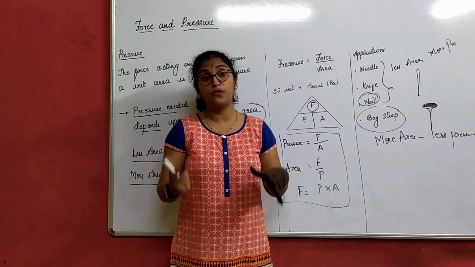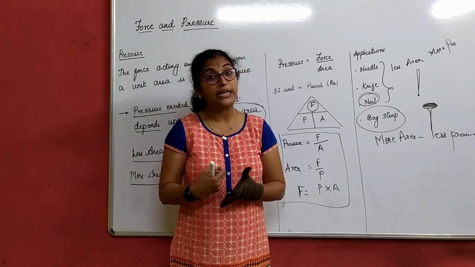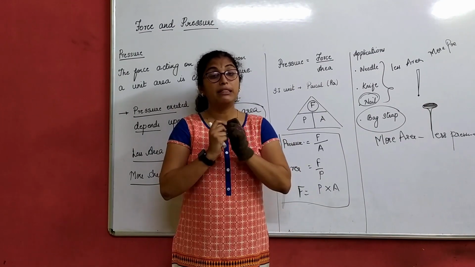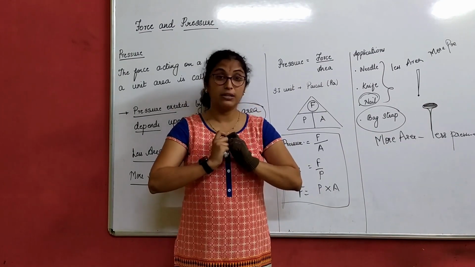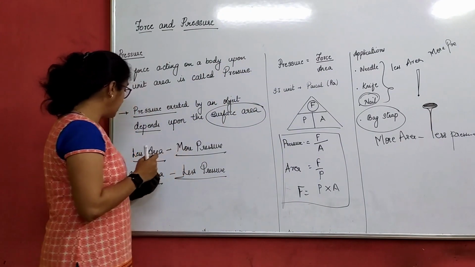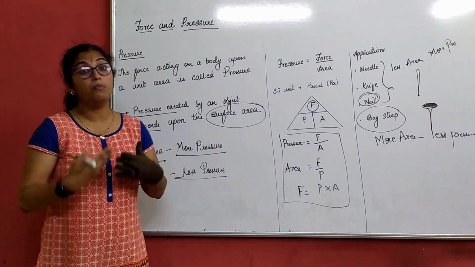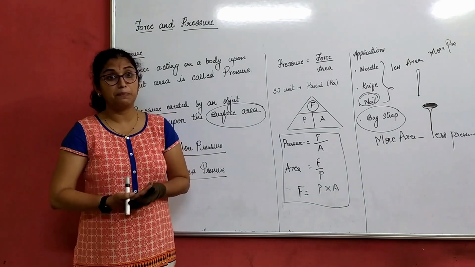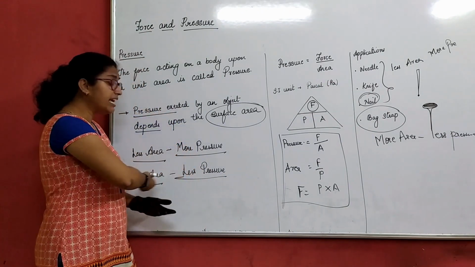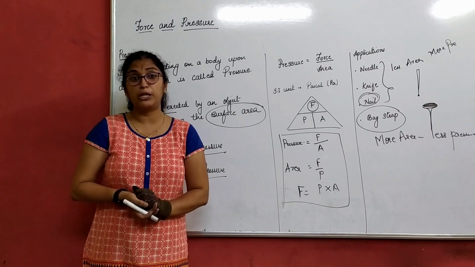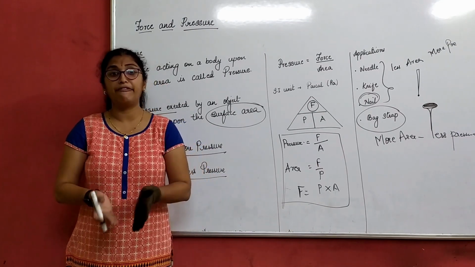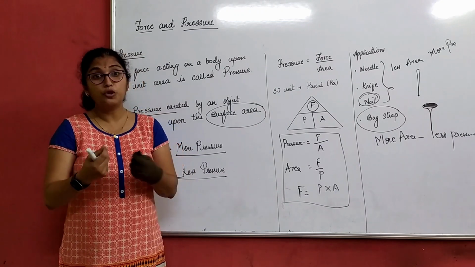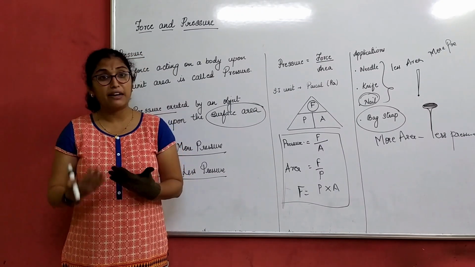Suppose you have an ice floe and you walk on it with a pointed heel. What will happen? It breaks. Why does it break? The area is very less. That means the lesser the area, the more the pressure. If you are wearing a flat heel or flat slippers, that means area is more, so pressure is lesser. In simple terms, when we wear high heels, do our feet feel uncomfortable?